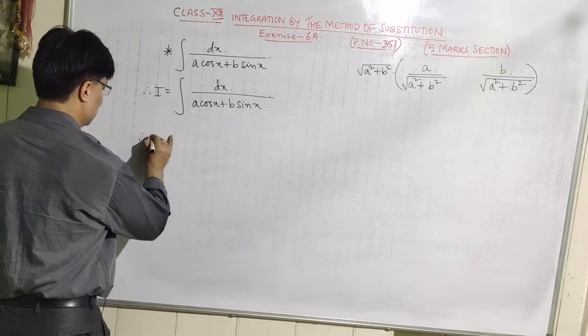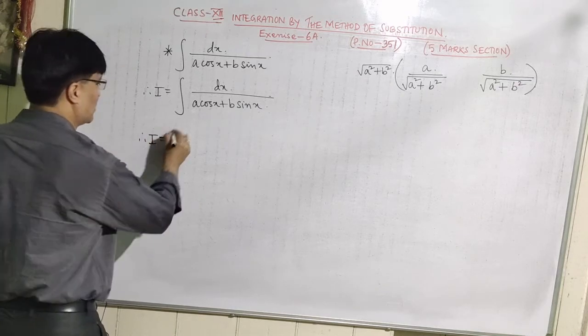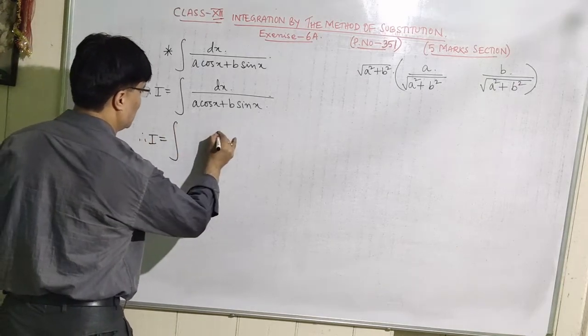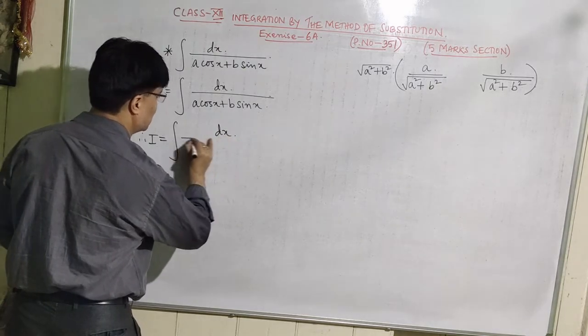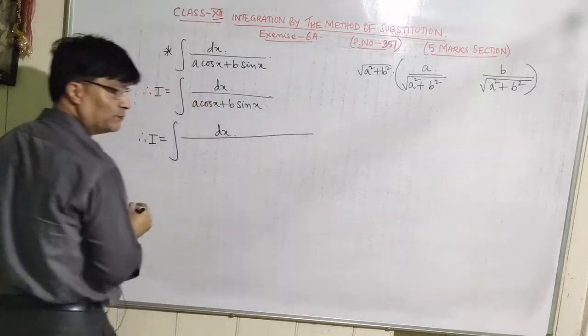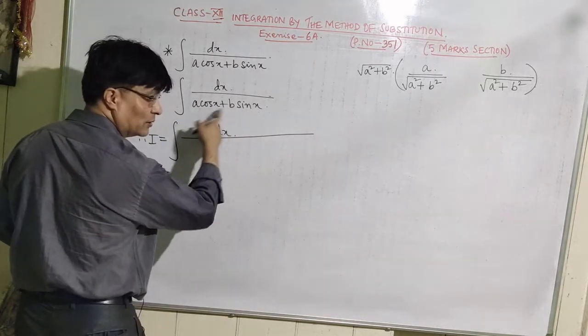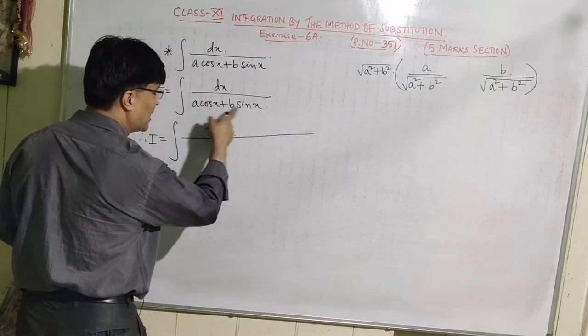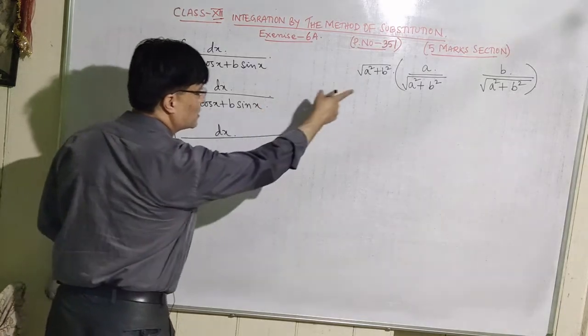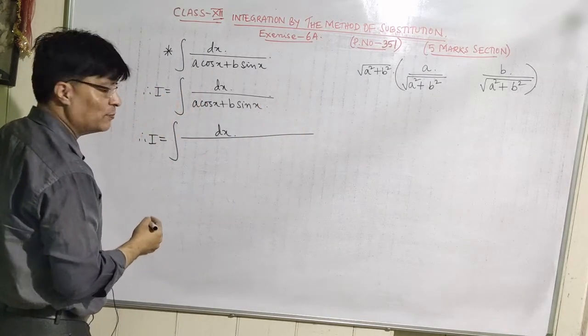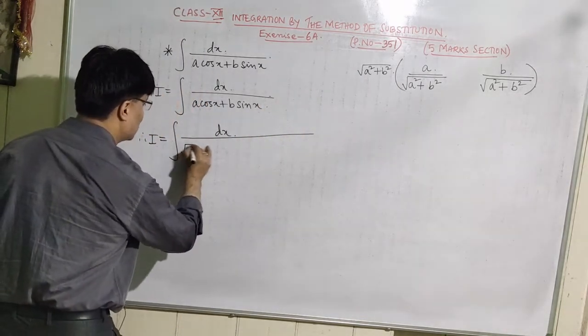Okay, so let us write here I is equal to integration of dx divided by, now you have to multiply this expression and divide this expression by root over a square plus b square. So what will you write here?